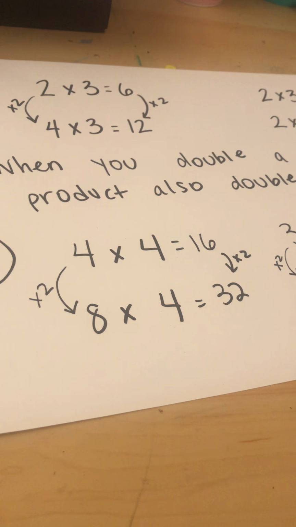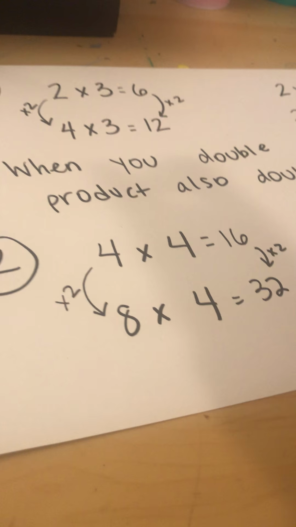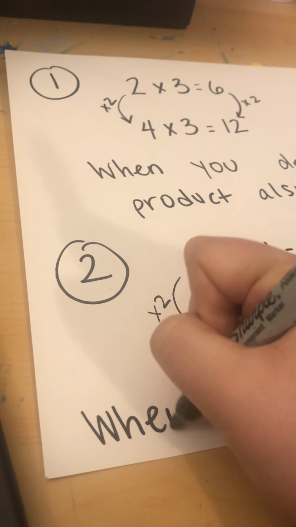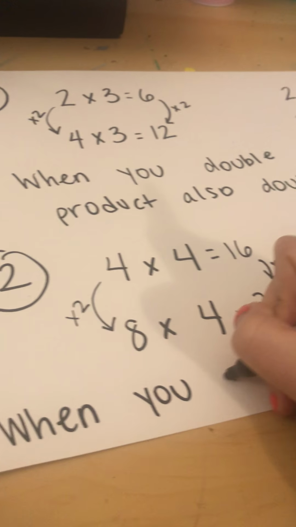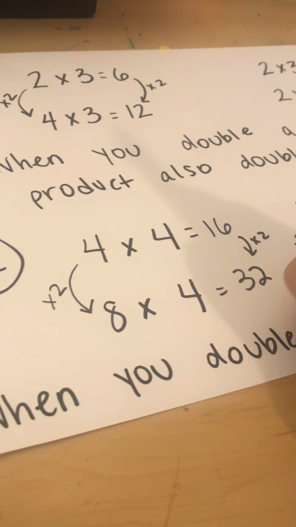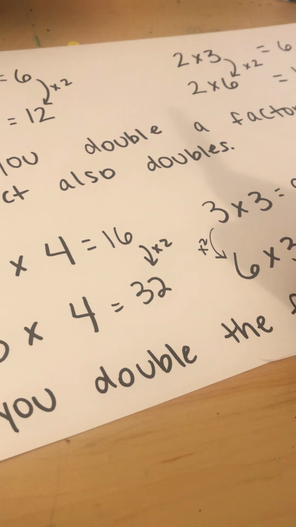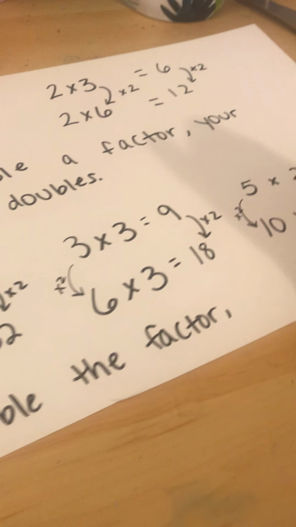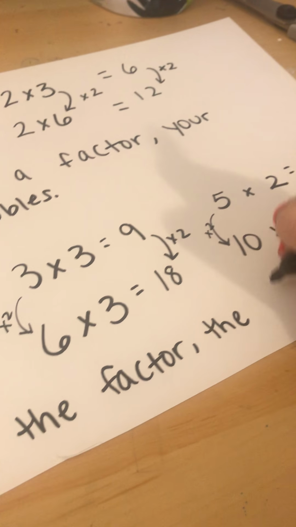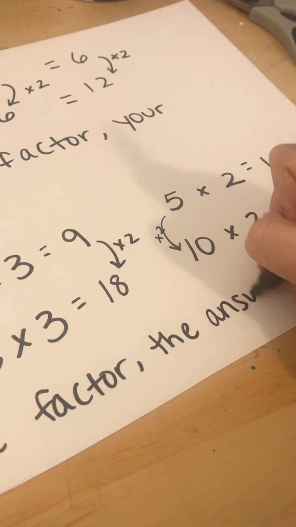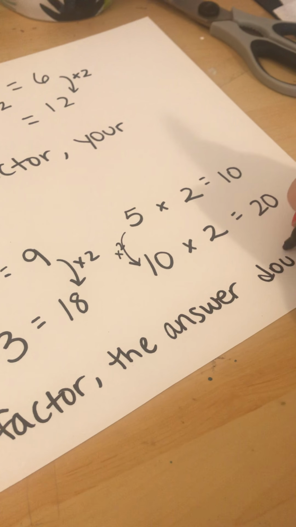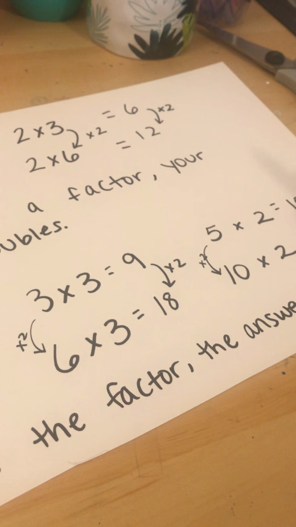So our answer for this, it's saying describe a pattern that you see. So we're going to say something similar. When you double the factor, the answer doubles too. So this is very similar to the first one.